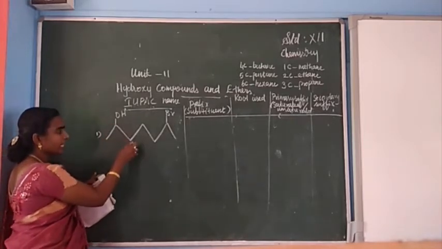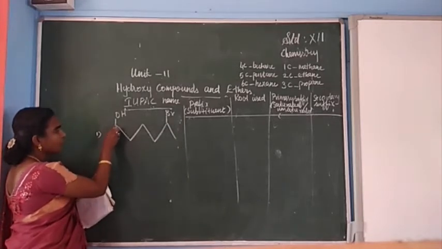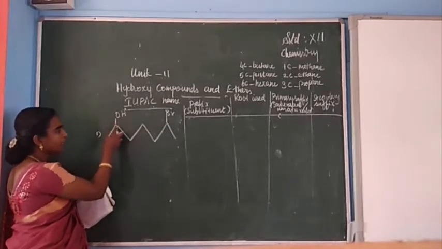These corners we have to take as carbon. We can start from OH, as it is a functional group here.